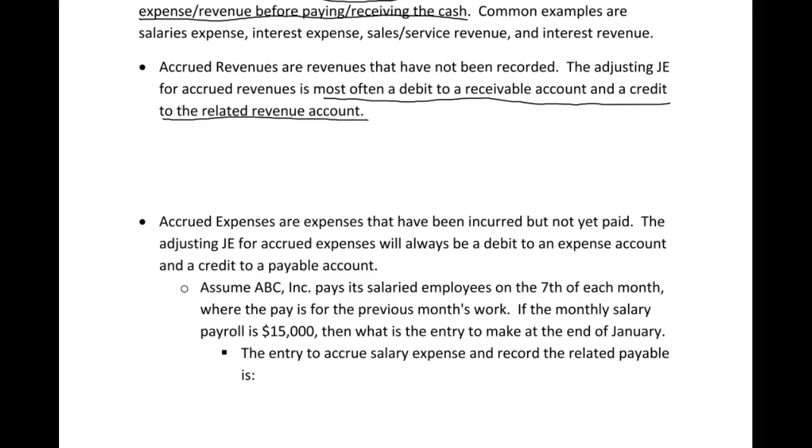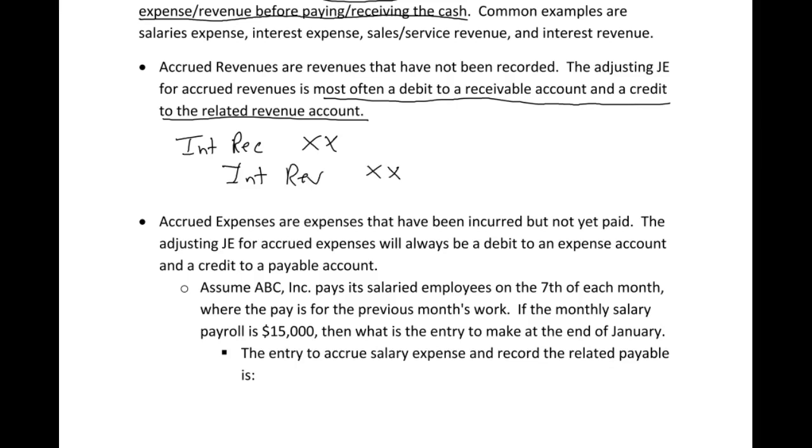Some common examples, like we said, deal with interest. If we had loaned somebody money and they were going to pay us back 3, 4, or 5 months down the road with the interest of that time, we can still accrue the interest, which means each period we would record interest receivable for whatever amount it works out to be and record interest revenue.